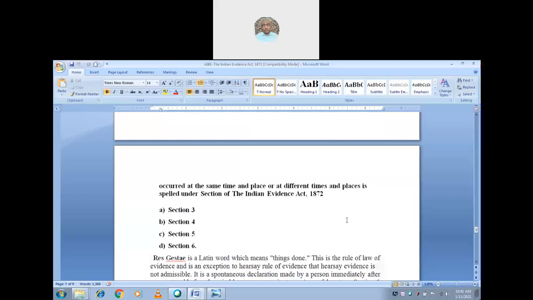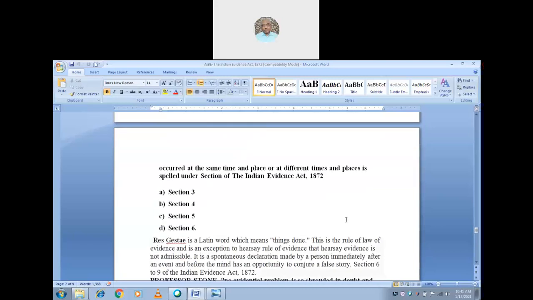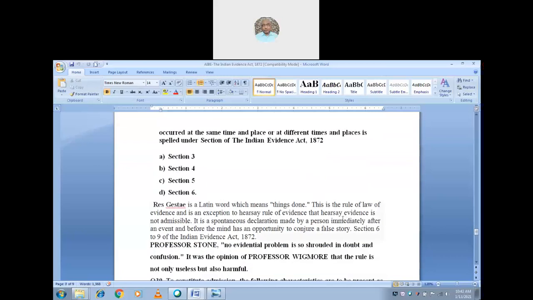So Section 6 covers all these things. It runs from Section 6 to Section 9, res gestae. That is a Latin phrase which means things done. Res gestae means things done.